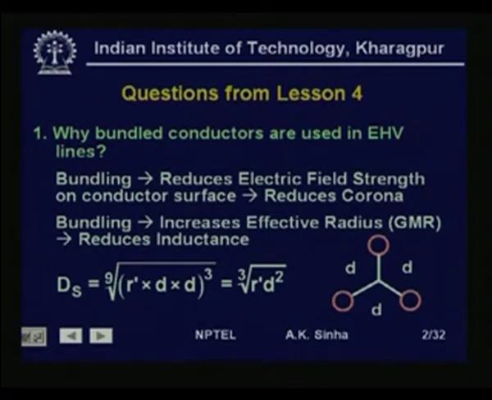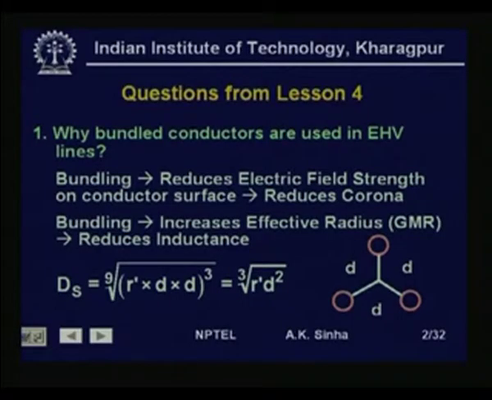Before we get into the calculation of transmission line capacitance, I would like to answer the questions that I asked in lesson 4. The first question was, why are bundle conductors used in EHV lines?